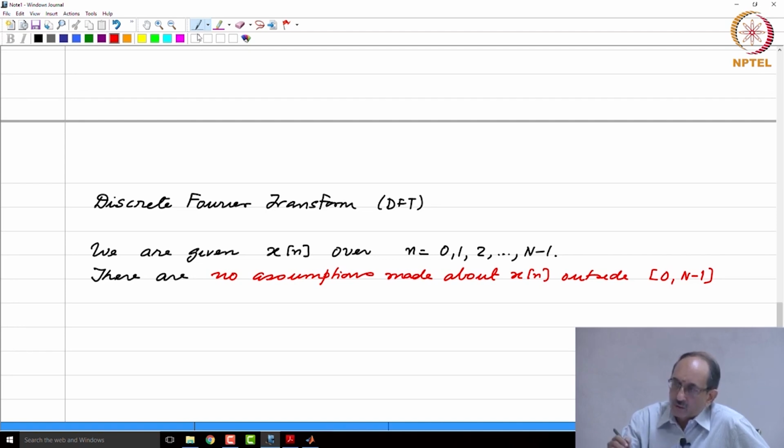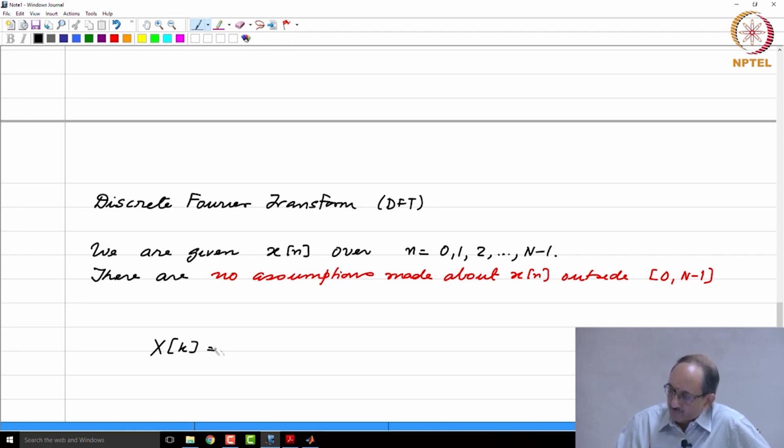So it is in that context that we are saying no assumption is made about x of n outside 0 to N minus 1, and then somebody comes along and says, okay, you want the DFT, here is the DFT, almost God given. This is the DFT, take it, do not argue with me.